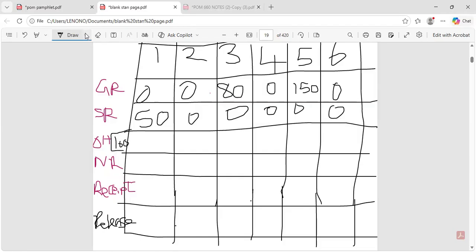Then you start solving. Here it will be 50 plus 100, which is 150, minus 0, so it's 150. Then again, this plus this minus that one is 150. Are we together?